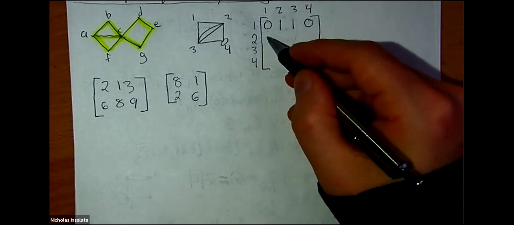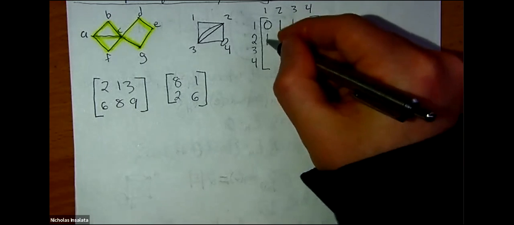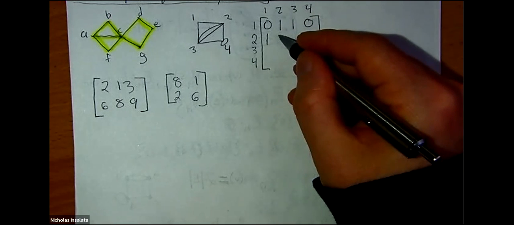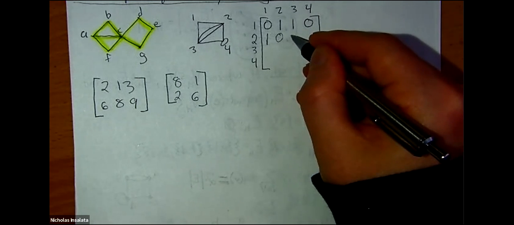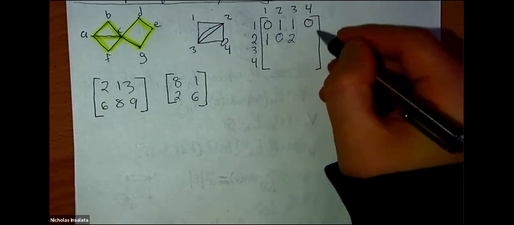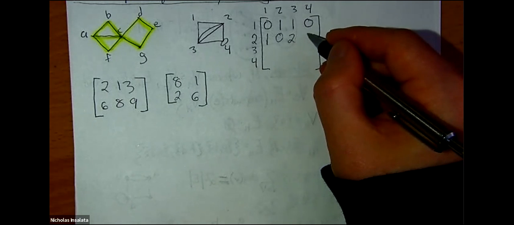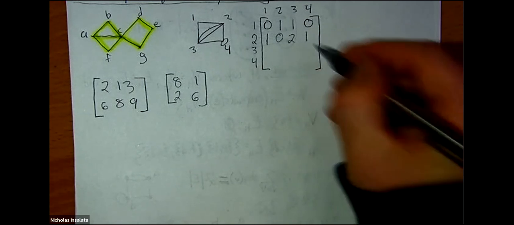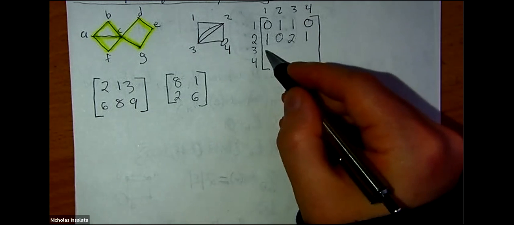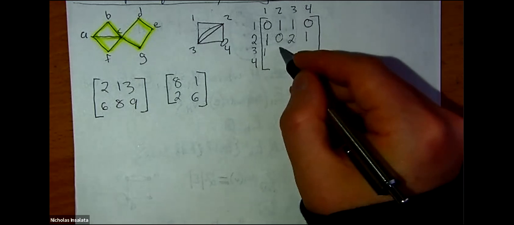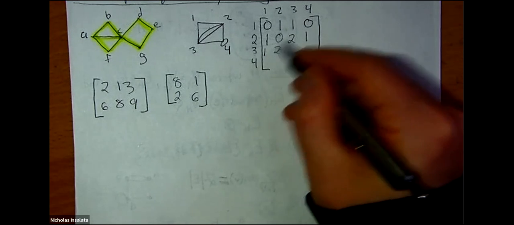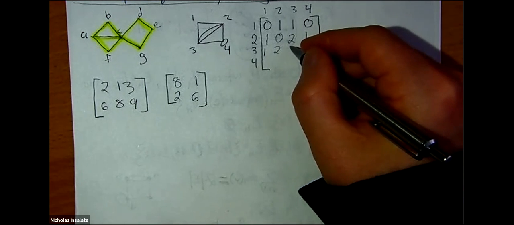How many edges are there from 2 to 1? 1, good. From 2 to 2? 0. 2 to 3? 2. 2 to 4? 1. How about 3 to 1? 1. 3 to 2? 2. 3 to 3? 0.